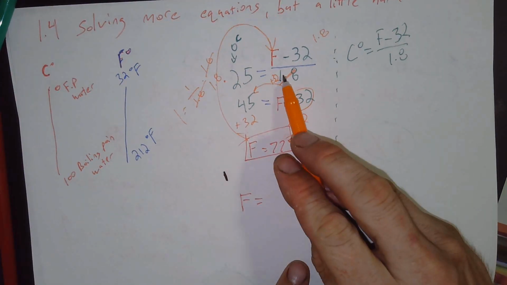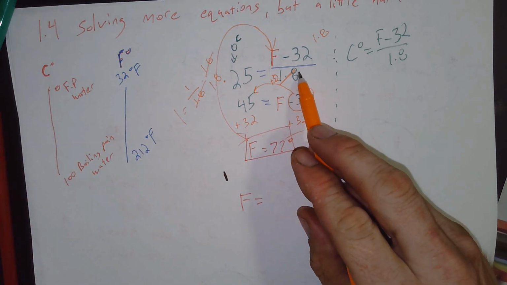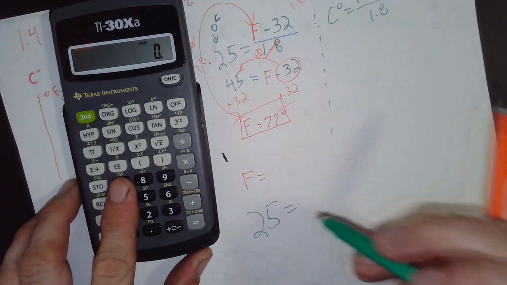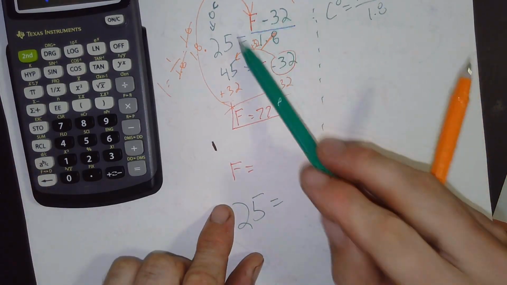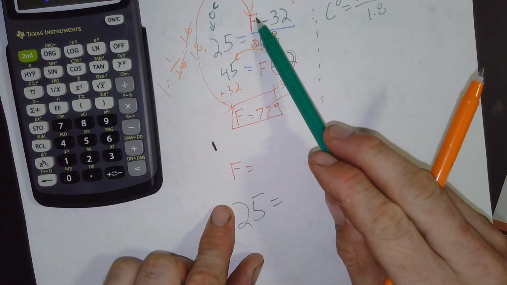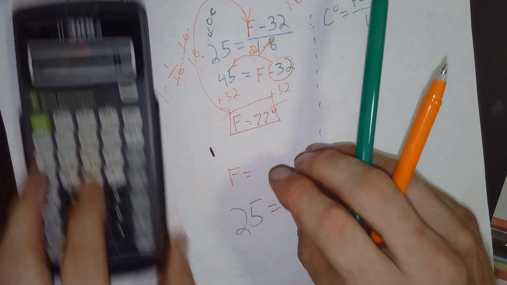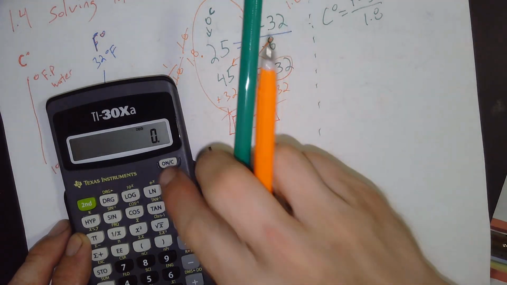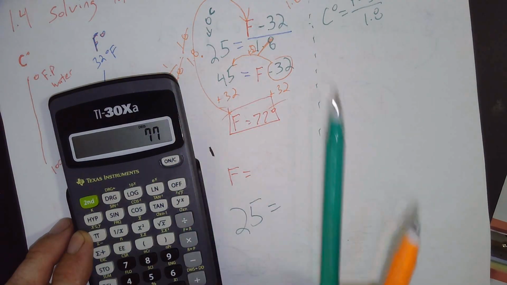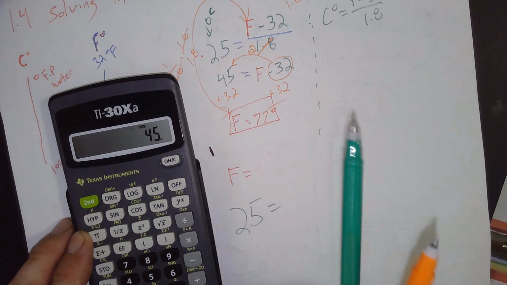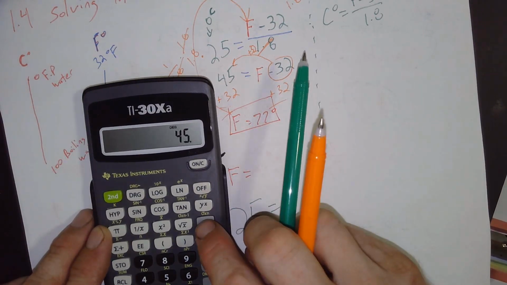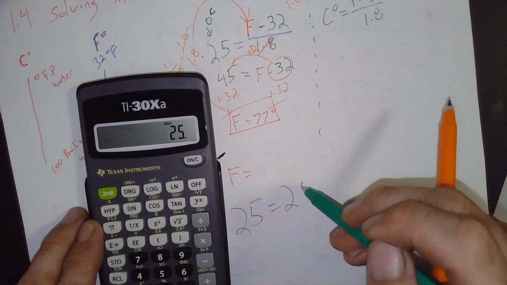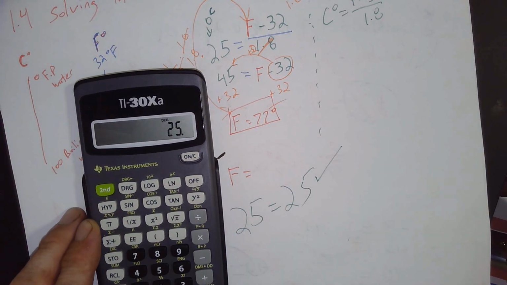So we go 77 minus 32, so 25 should equal this whole thing after we drop 77 in for F. So 77 minus 32 equals 45. That looks familiar. Divided by 1.8, and bingo bango, 25 equals 25. Check. We did it correctly.